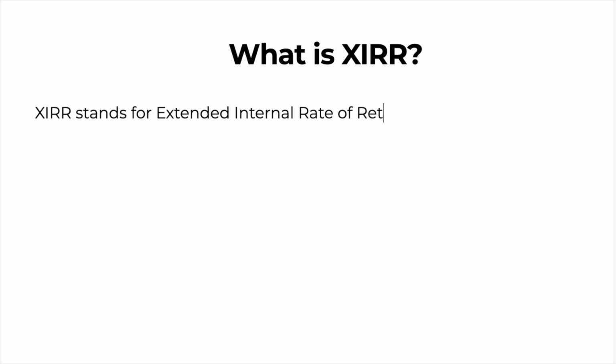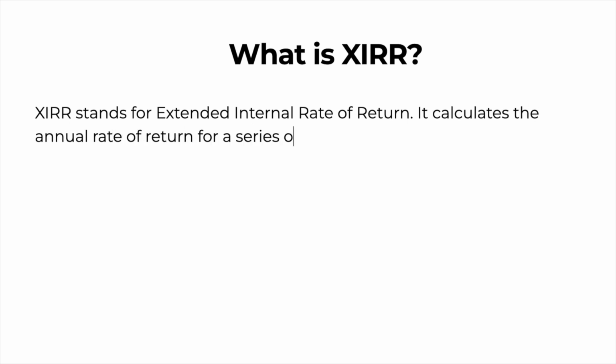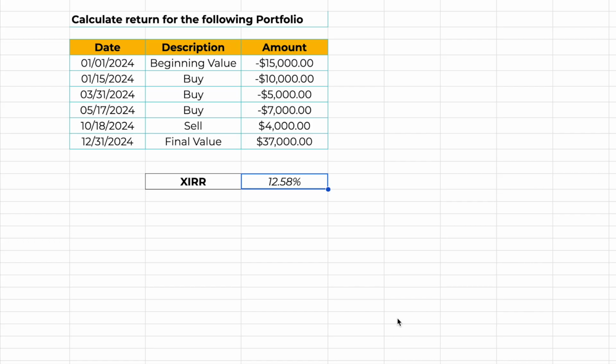After these examples, I think we are now in a position to define XIRR. XIRR stands for Extended Internal Rate of Return. It calculates the annual rate of return for a series of cash flows made at different times. This is super useful because unlike CAGR, XIRR takes into account the exact dates of your investments and withdrawals.